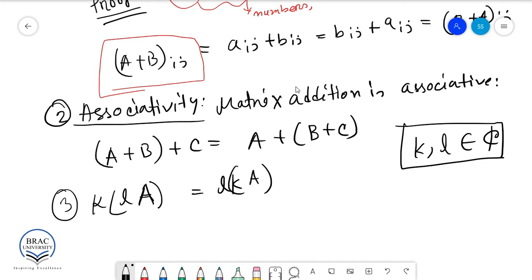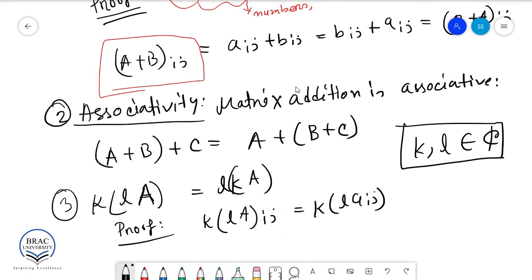Again, this is an easy proof. We work in the component notation again, or the index notation, whatever you want to call it. So remember, these K and L are numbers, right? In general, they belong to the set of complex numbers. So we write it like this, and you can see that at this point all of them are numbers, but multiplication of complex numbers is also commutative.